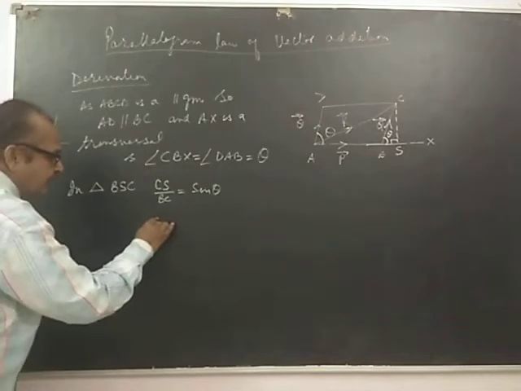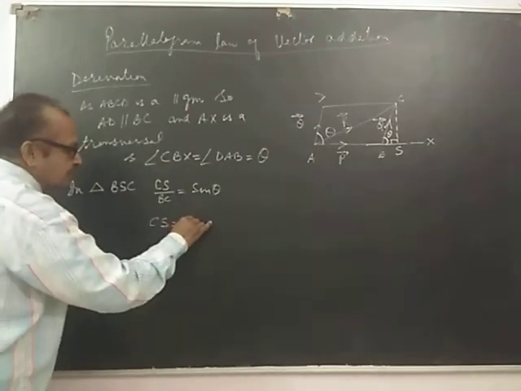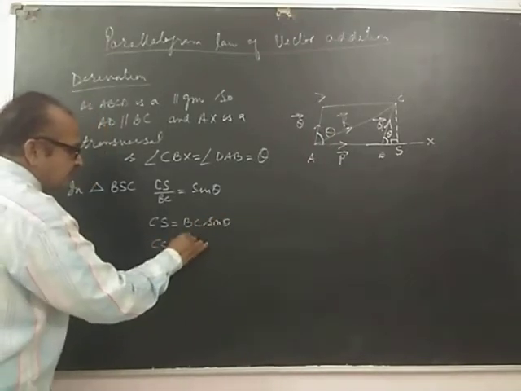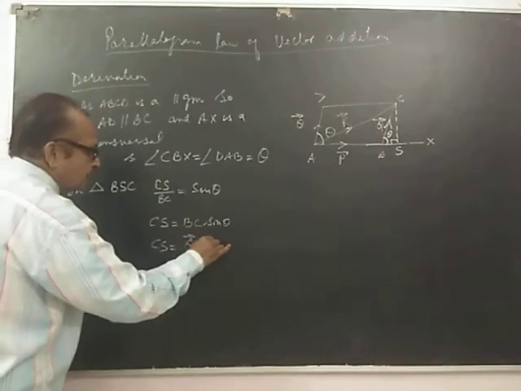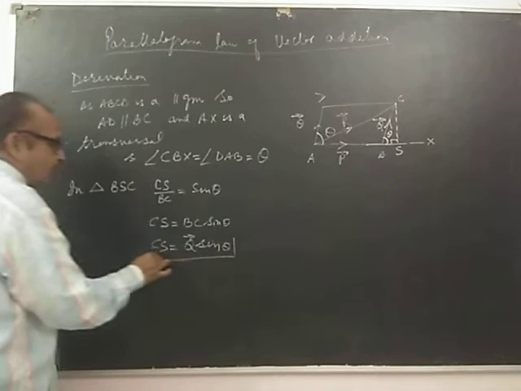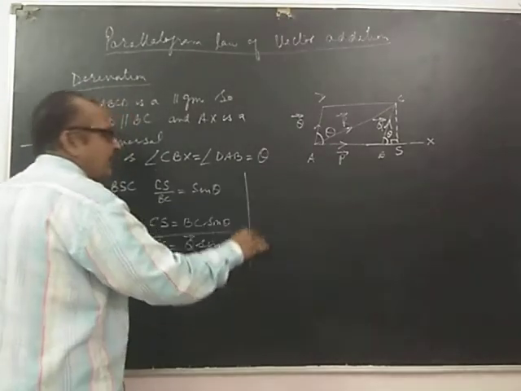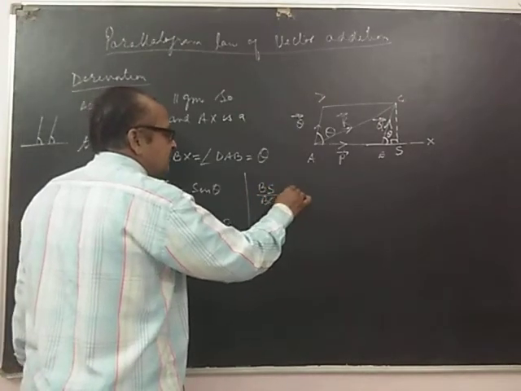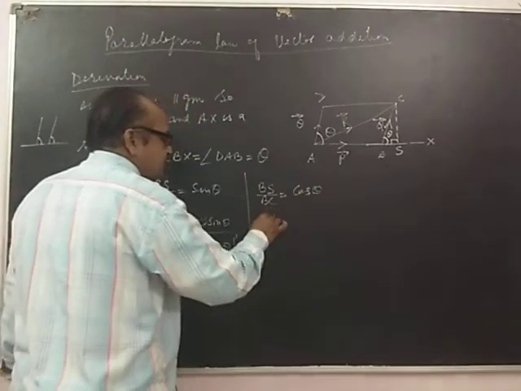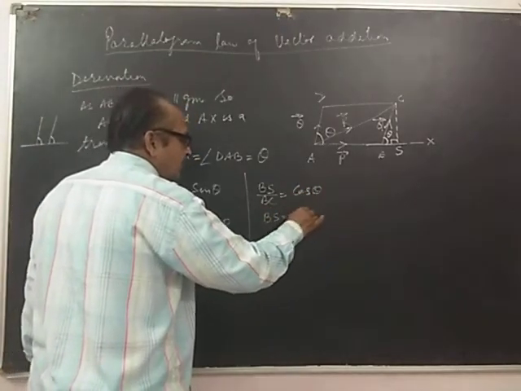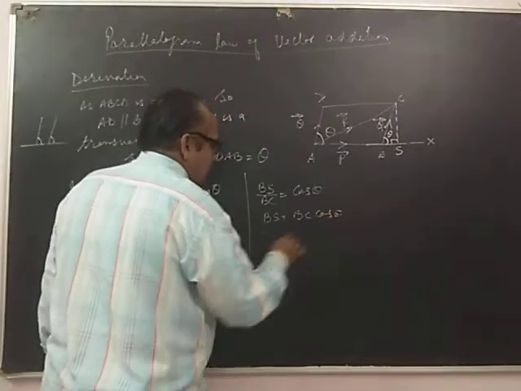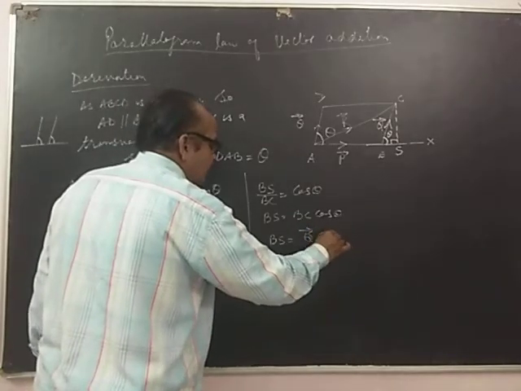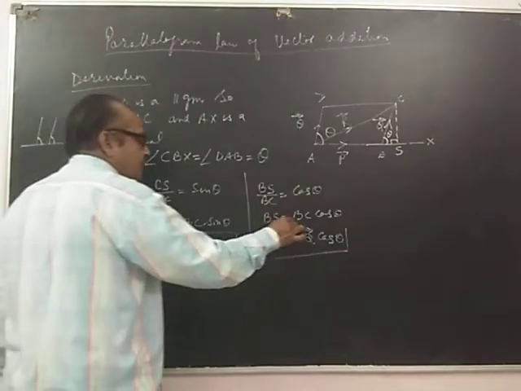So what I can find out? I can find out CS is equal to BC sine of theta. That means CS is equal to Q sine of theta. Similarly, we can go for the BS over BC, and that will be equal to cos theta, and BS will be equal to BC cos theta, and finally you will get BS is equal to Q cos of theta.